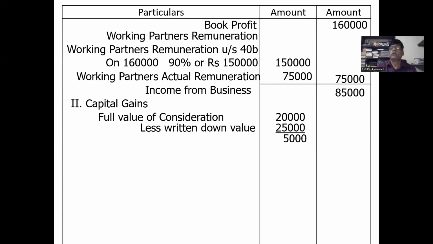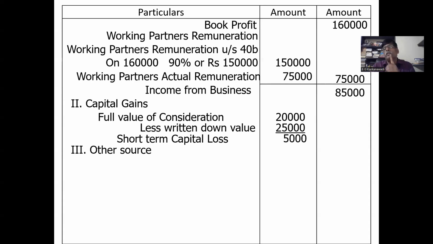This 5,000 is called short-term capital loss. And there is no other short-term capital gain or long-term capital gain. Therefore, this short-term capital loss will be carried forward to next assessment year. Clear? The next head is other source.